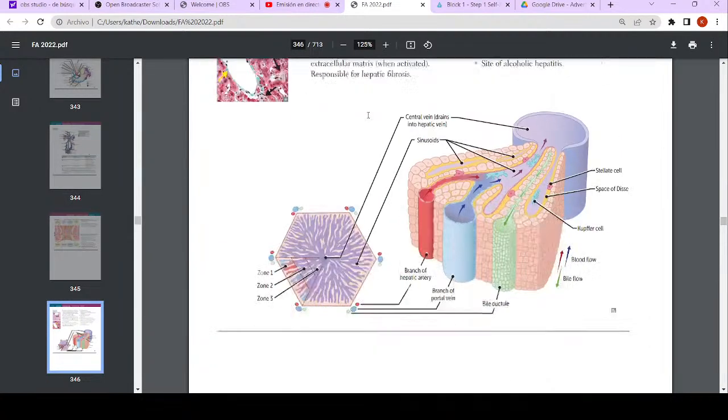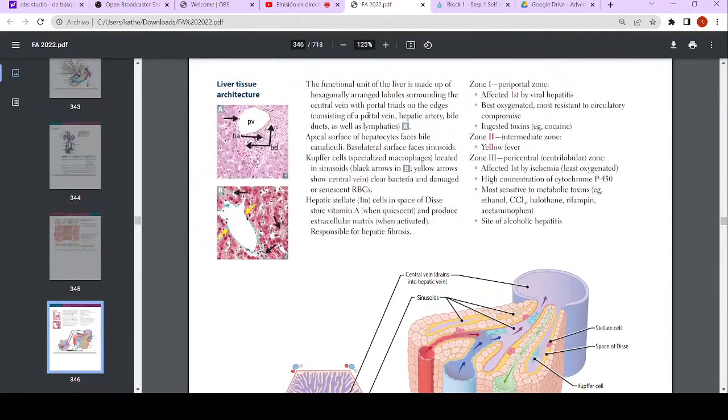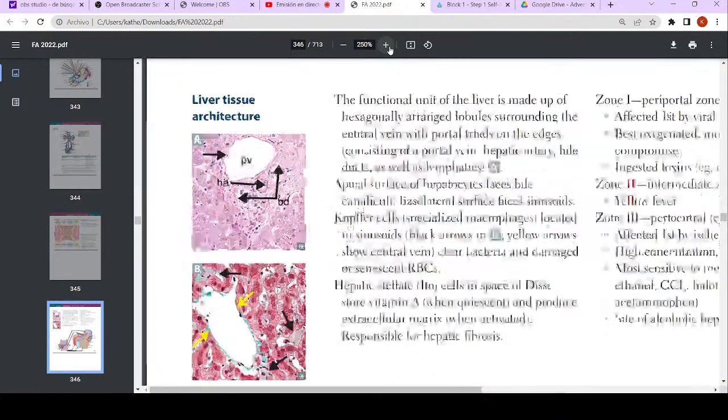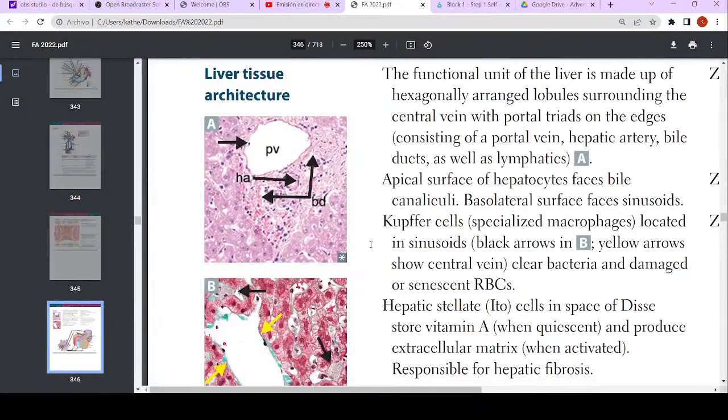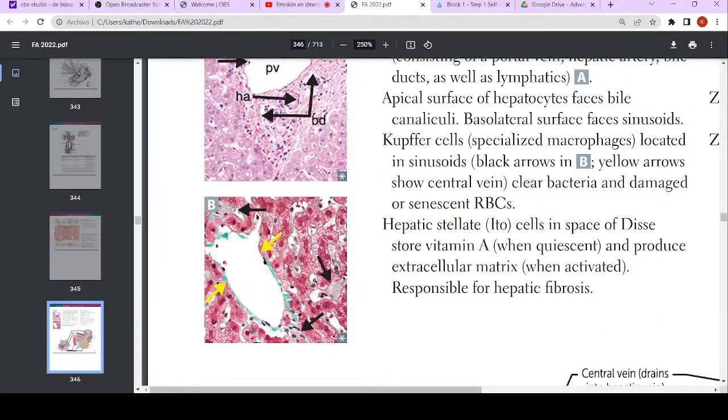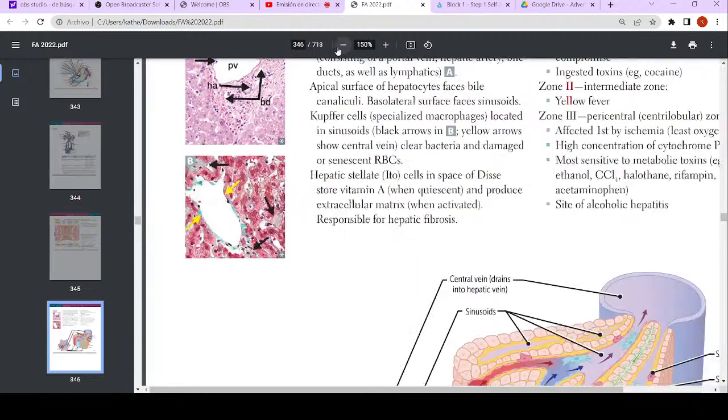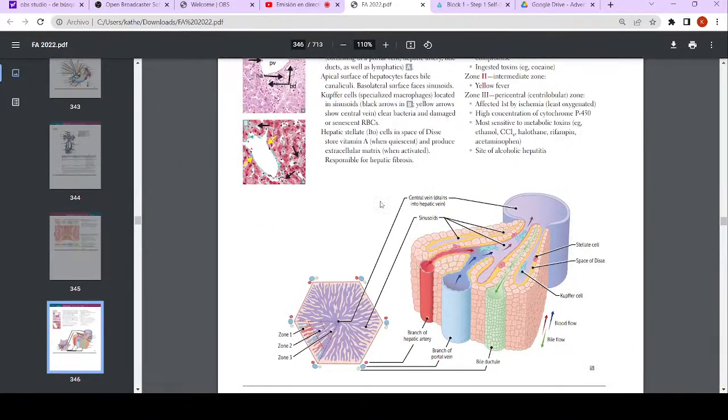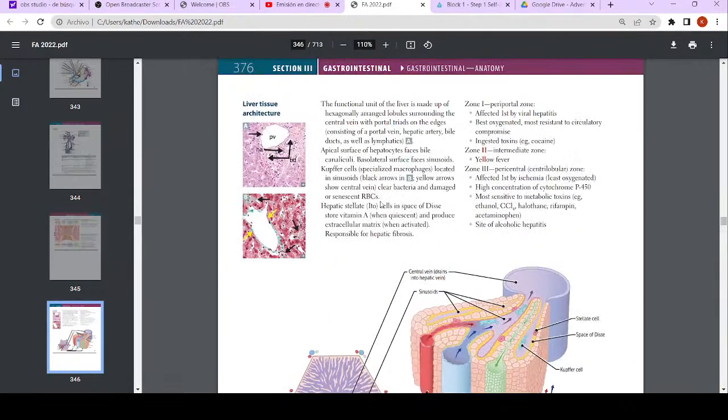And this is the most important thing about liver tissue. Here we have the portal vein. So that's it. That's all we need to know.